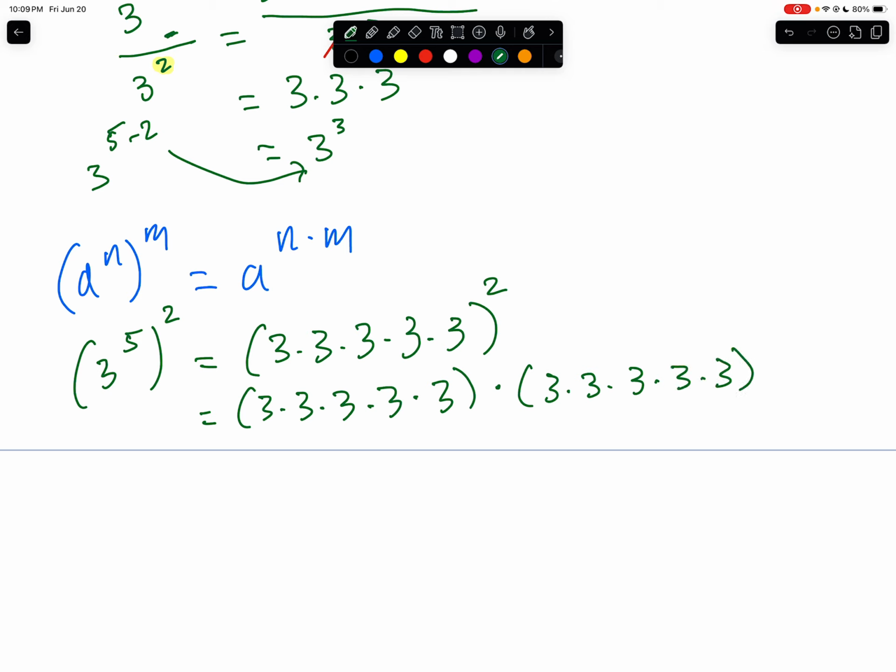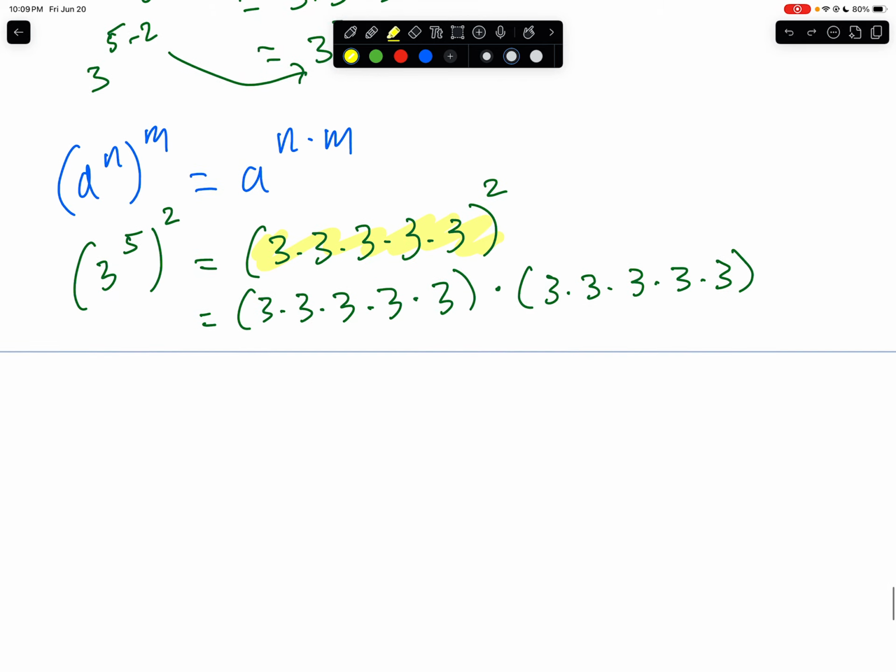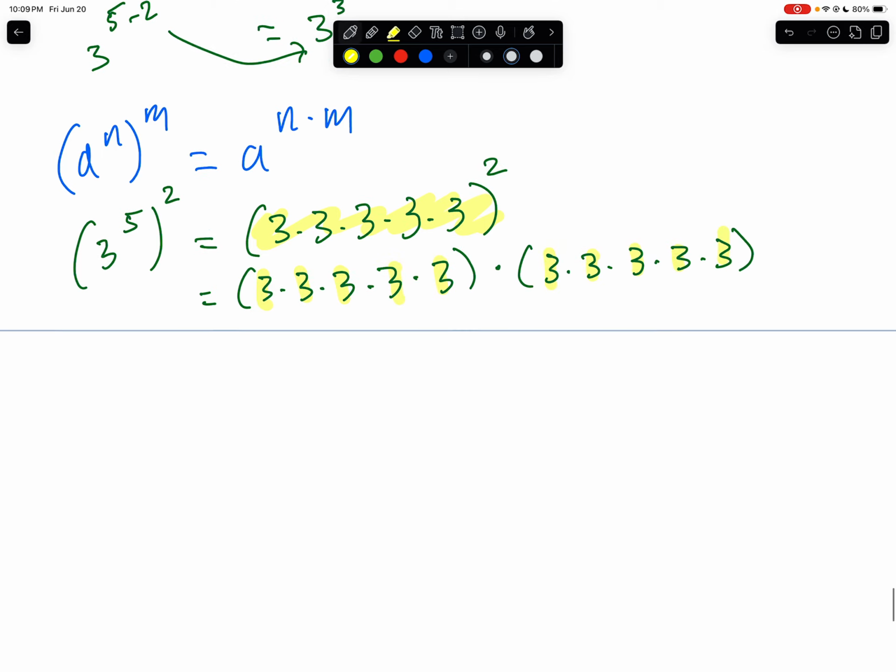Because it's squared, this same quantity would be multiplied by itself. That's the squared. And so now, how many 3's are there? 1, 2, 3, 4, 5, 6, 7, 8, 9, 10. So this will just be 3 to the 10th. But wait, couldn't we just get 10 by multiplying this 5 with this 2? Wouldn't this just be 3 to the 5 times 2? That would be 3 to the 10th.